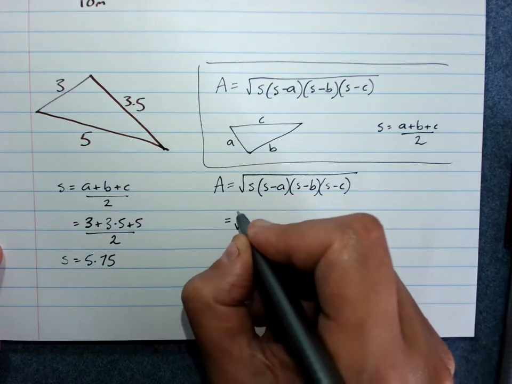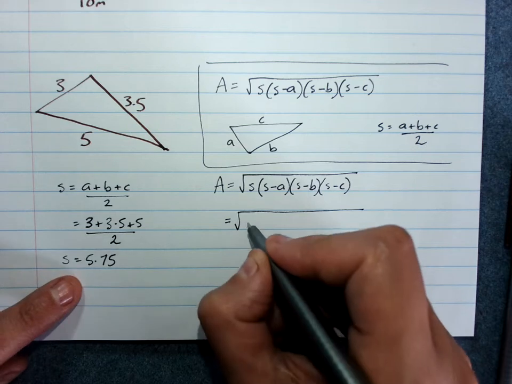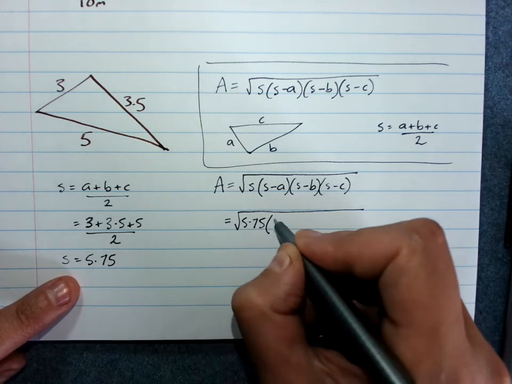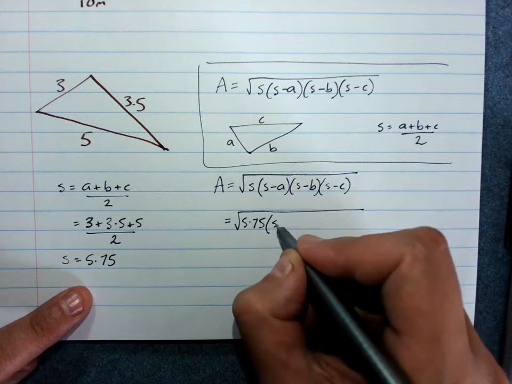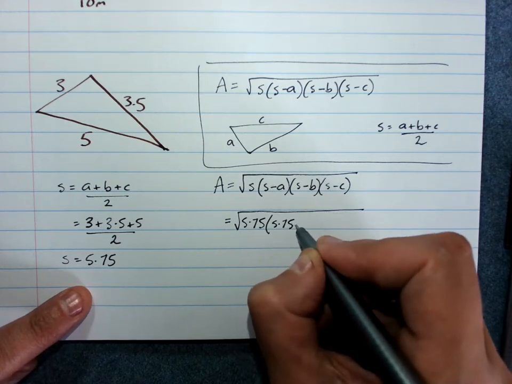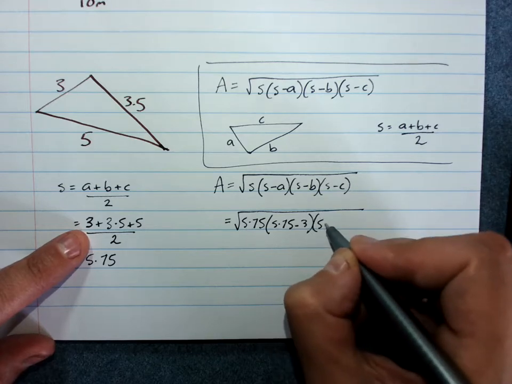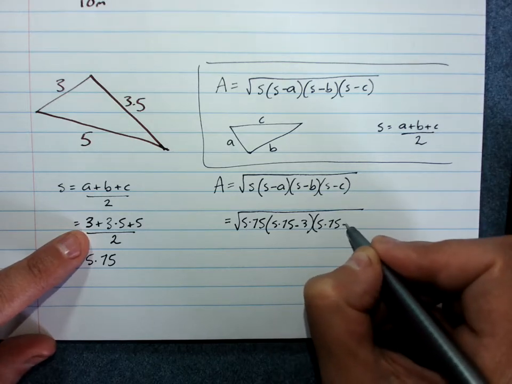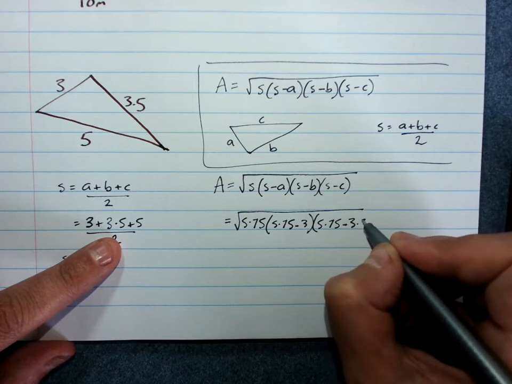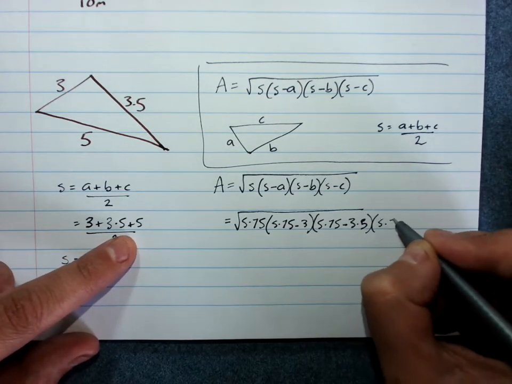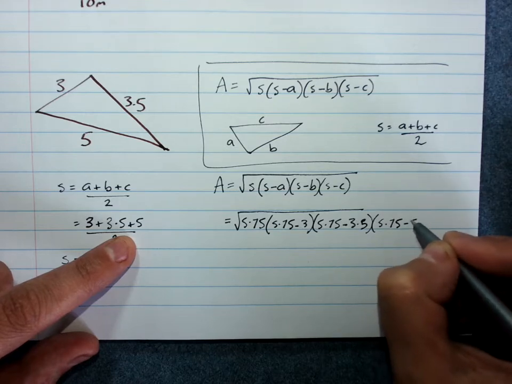So that's the square root of S is 5.75 times 5.75 minus A, the first side, times 5.75 minus B, the second side, which is 3.5, times 5.75 minus 5.